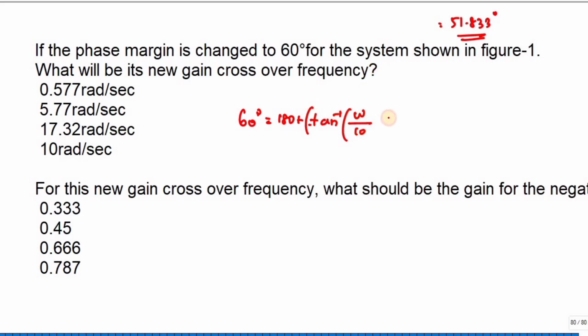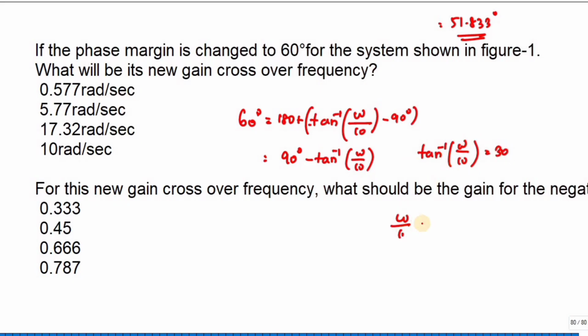So 90 degree minus tan inverse of omega by 10, so tan inverse of omega by 10 is equal to 30 degree. From this, omega by 10 is equal to tan 30. Tan 30 is nothing but 1 by root 3, because it is sin 30 divided by cos 30, right? So omega is equal to 10 into tan 30, so we'll get the answer as 5.77. So this is your new omega GC value.